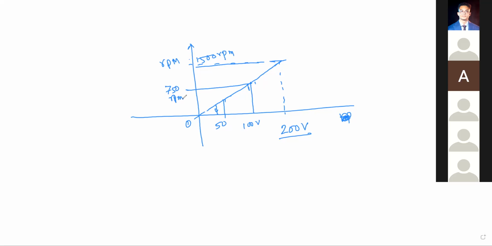This example is not suitable here because I was talking about the resistive load. For the resistive load, the expression will be different. Let us go for the inductive load. Then we shall talk about this. Okay, inductive load.